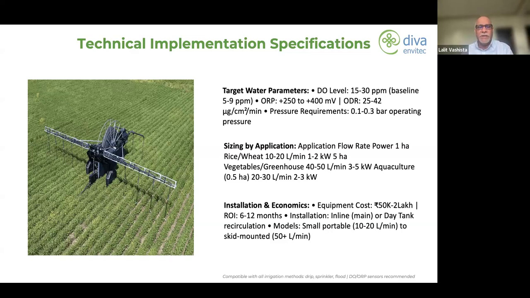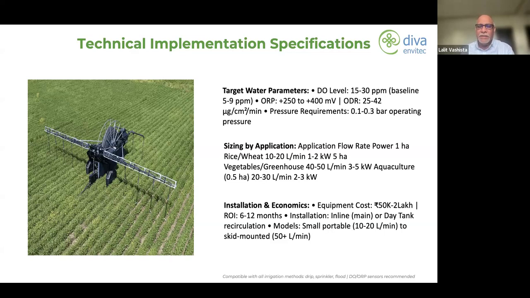Various plants, if you see the world standard and where we are, and if we can make slight changes in our thinking by bringing natural modes, we can really make a big difference to our farming. Sizing by application, flow rate, power: for 1 hectare of rice or wheat, you require around 10 to 20 liters per minute and about 1 to 2 kilowatt for 5 hectares.